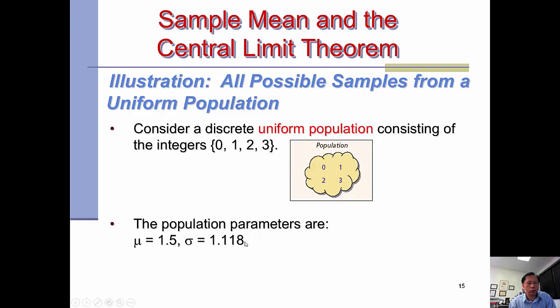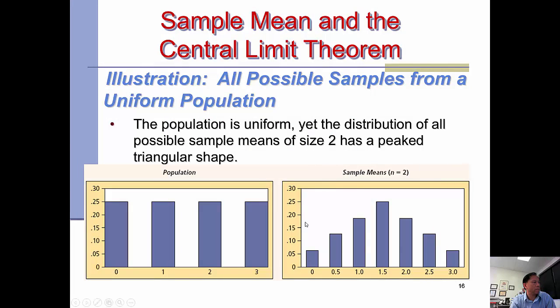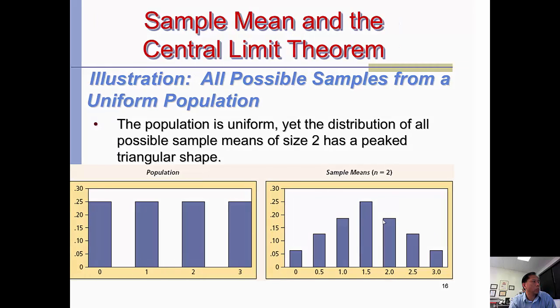You should also know how to calculate the standard deviation. That's 1.118. If you plot this, each value has probability 0.25, a uniform distribution. The sampling distribution of sample means, if you plot it, shows something like a peak, similar to a normal distribution.